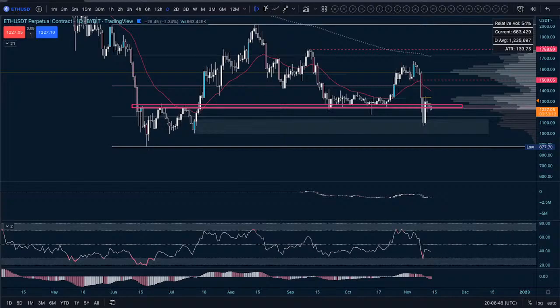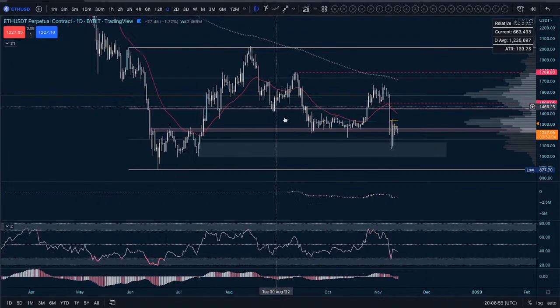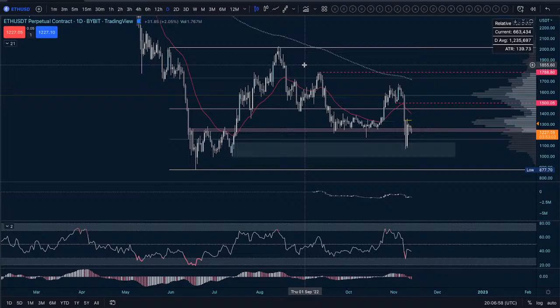RSI looking hideous. Yeah, the only good looking market is basically the DEXs, not these guys. I think that's the narrative now that we need to pursue. Like DYDX, GMX, Sushi. What the fuck?